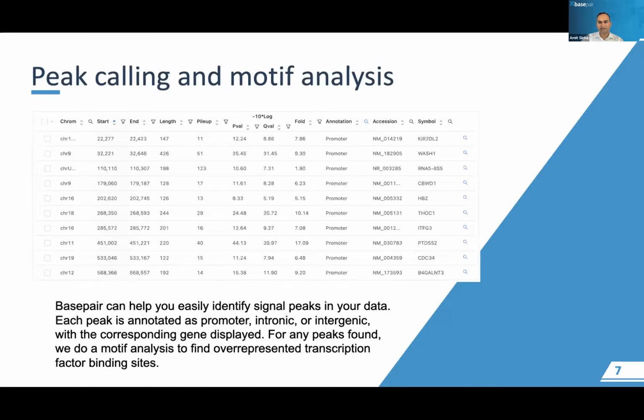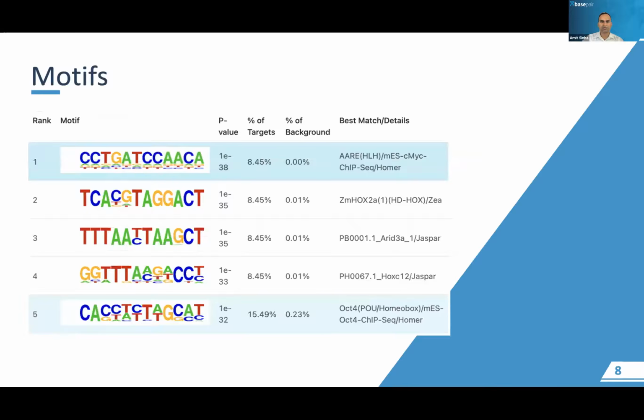And once we have these peaks, the next step is to find the motifs in these peaks. They could be indicative of the transcription factors which are taking advantage of these peaks. So this is relevant whether you do a transcription factor assay or even a histone modification assay. If you do a transcription factor assay, the motif analysis should first of all pick up the transcription factor you're working with, because they should obviously be enriched in those peaks.